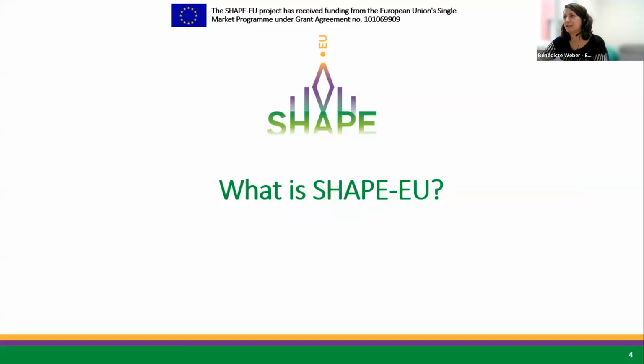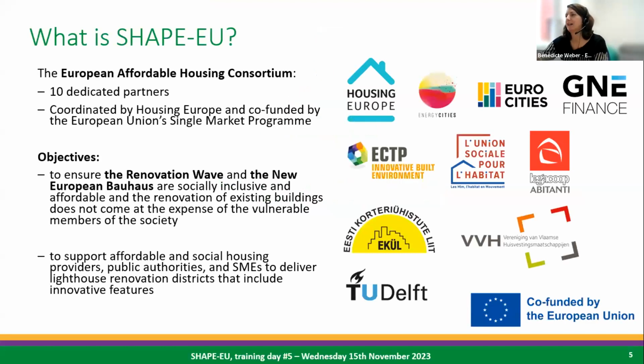But first, what is ShapeU? ShapeU is the European Affordable Housing Consortium. It's composed of 10 dedicated partners, and the consortium is led by Housing Europe, the Federation of Social Housing Organizations.